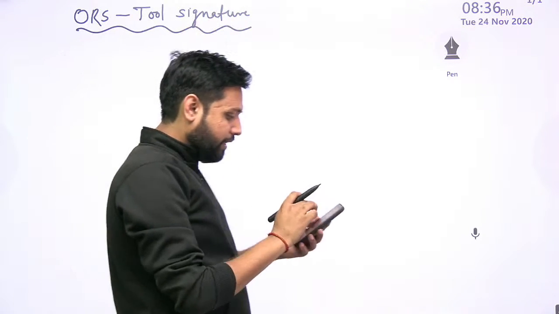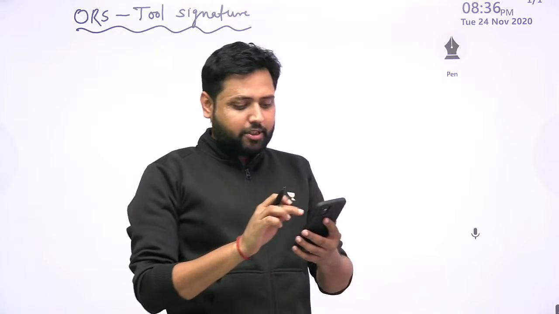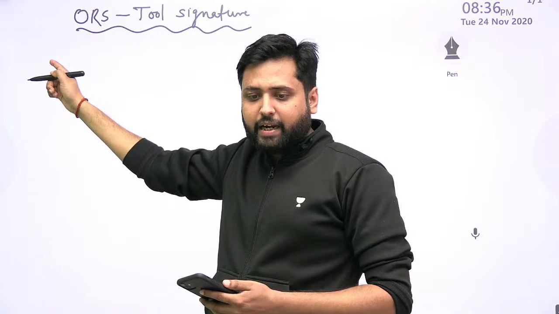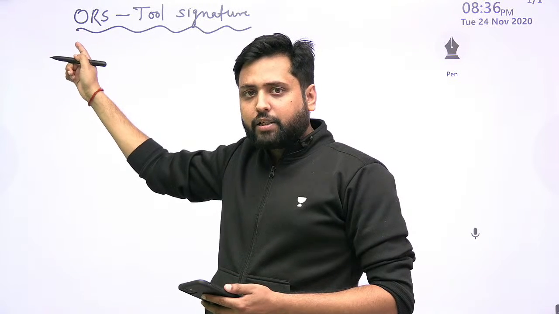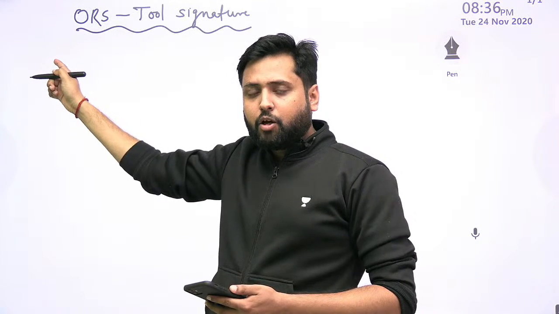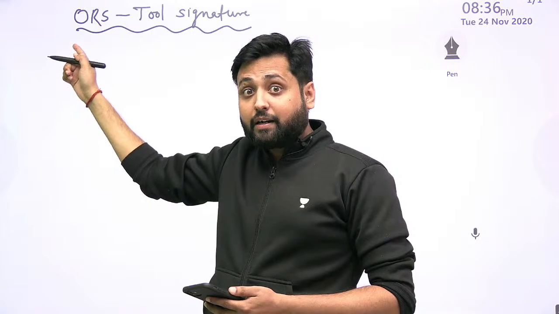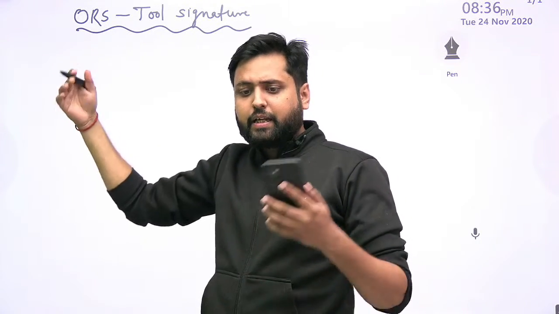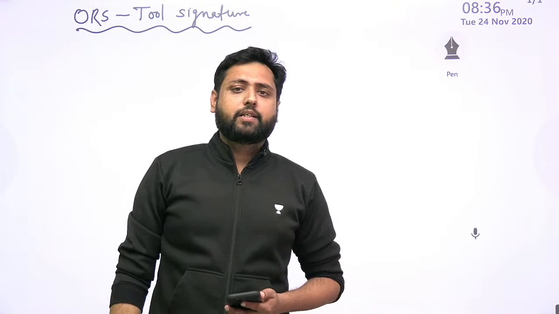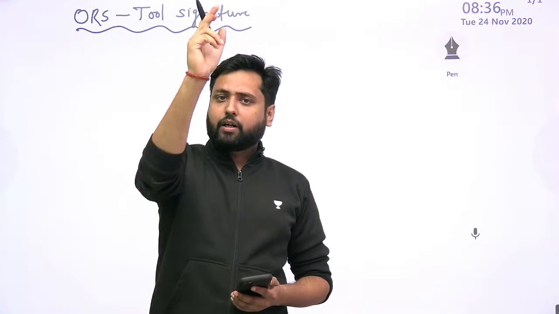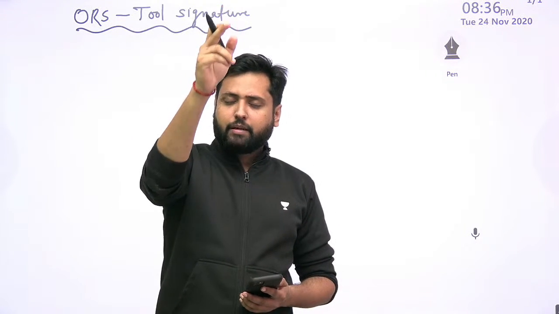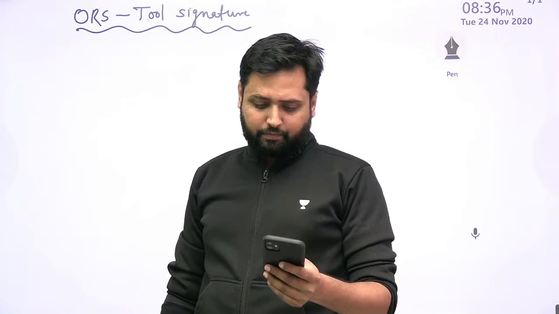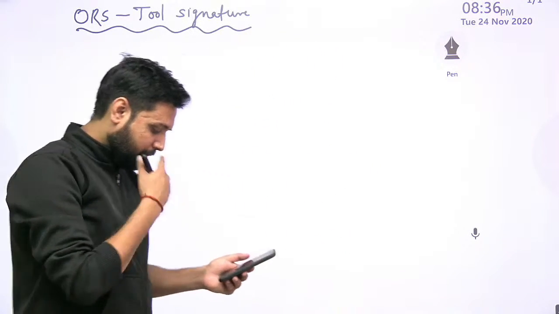That also I will tell you, and believe me, this is the first time in your life that you are going to understand what is ORS tool signature, what are the angles, how exactly they look like, what is the use of ORS tool signature, instead of ASA tool signature. Everything you are going to understand first time in your life, believe me. Yes, stay in the class, that's most important.